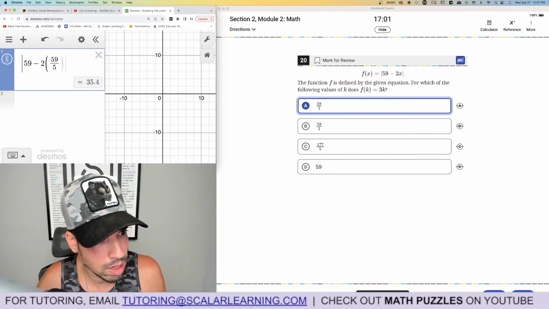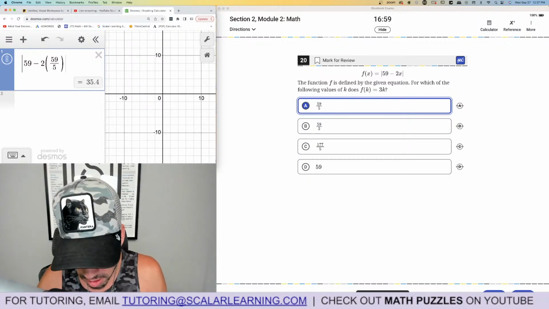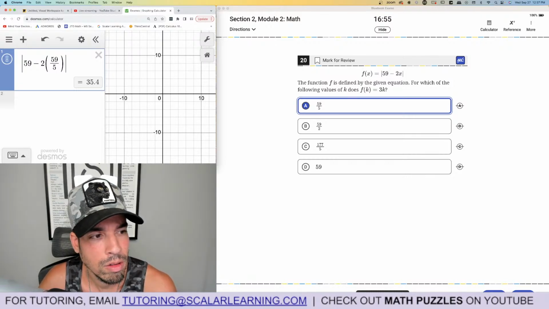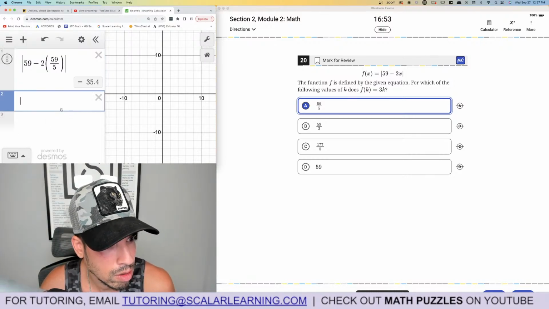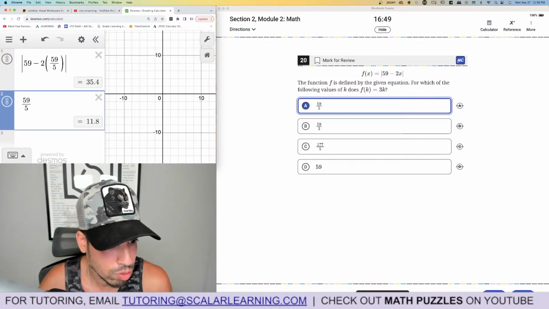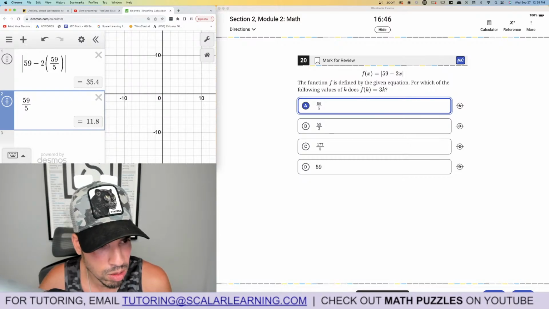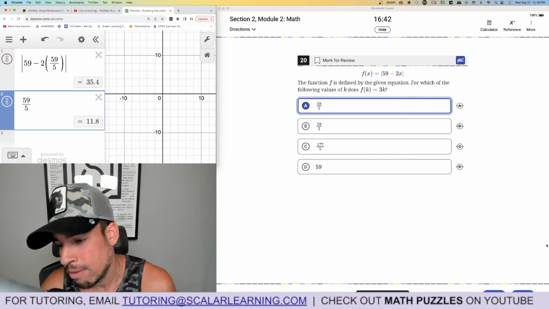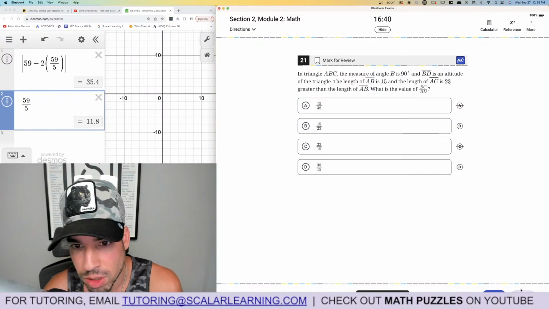But that doesn't make sense. Wait, that doesn't make sense. How would that be? Wait a minute. I guess it does make sense because it worked, but hold on. Yeah, it's 3 times 11 is 33. 3 times 0.8 is 2.4. You add them together, you get 35.4. Oh, it worked. Okay, sorry. I don't know why that just threw me off for a second, but it's right.